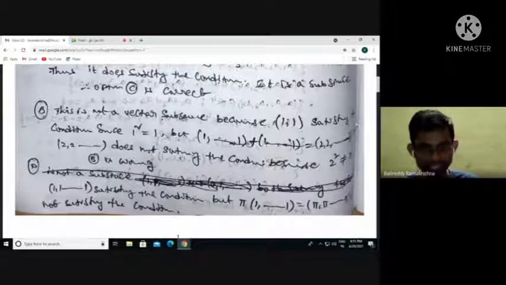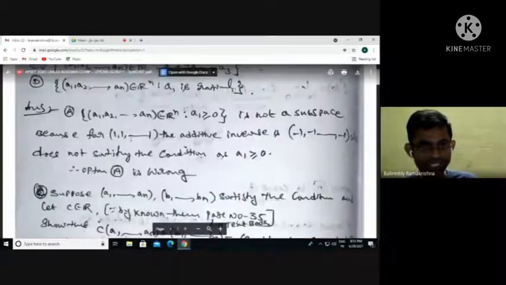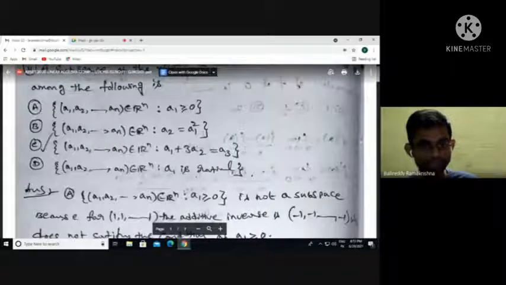But here, the sum of these n tuples is equal to n tuple given by 2 comma 2 comma 2 and so on 2. But this n tuple, which consisting each coordinate as 2, does not satisfy the given condition, because your given condition is a2 is equal to a1 square.